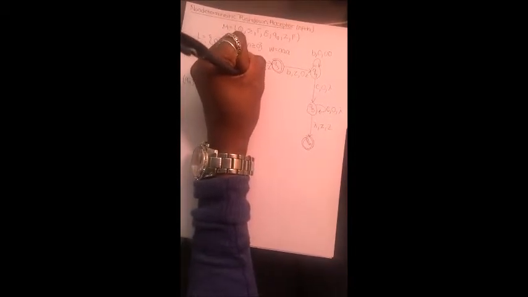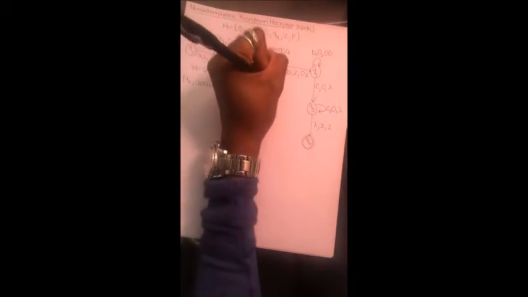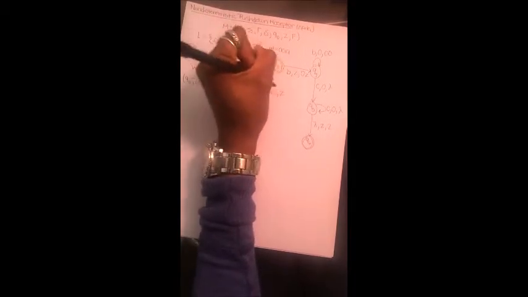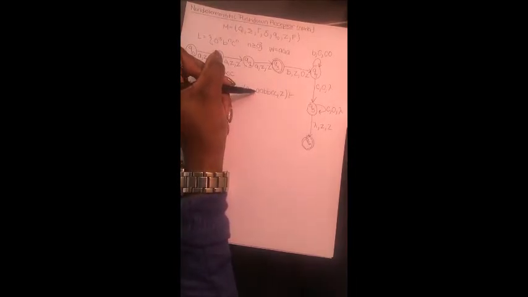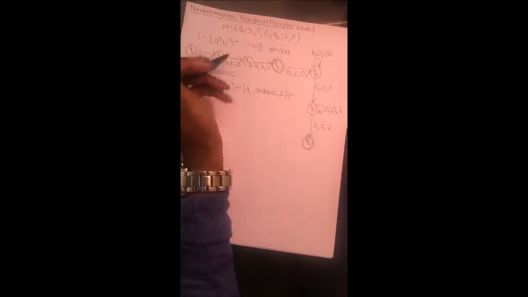So now our string is A, B, C, C. And our stack is still Z because we haven't pushed anything onto the stack yet. Now we're at Q sub 1 and we read in the A. That's going to take us to Q sub 2.